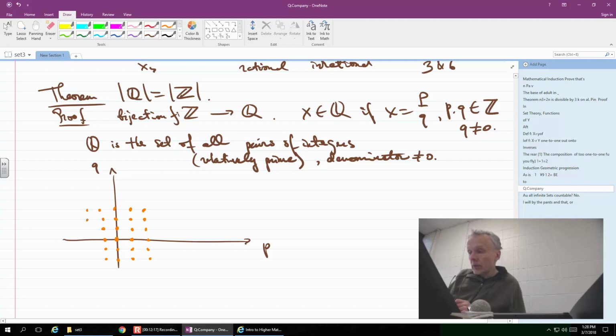I'm plotting here pairs of x and y. So p's run between -2 and 2, and q's run between -2 and 3. Let's just start with these, but it covers the whole plane. Just to make that point about relatively prime and denominator not equal to 0, let's drop those that we don't want to count.